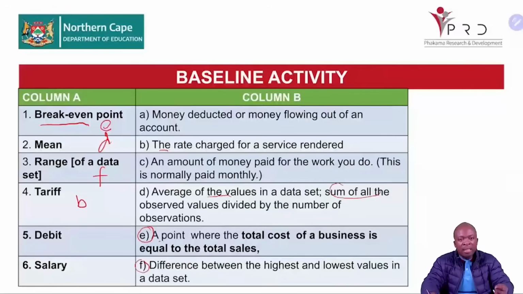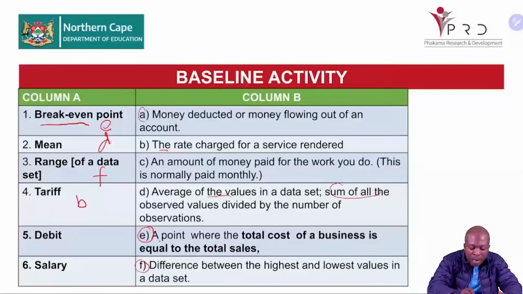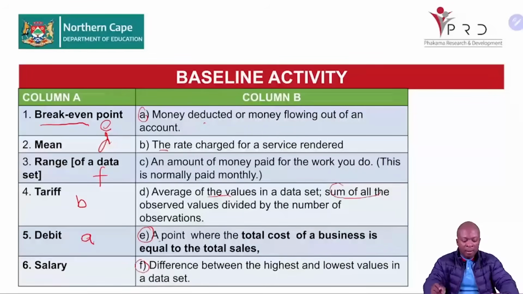Then let's look at debit. Debit means money is going out of the account. So which of the explanations here? Good, you spotted it already. A, because money is deducted or flowing out of an account. So our answer for debit is A. Then the last one is salary.